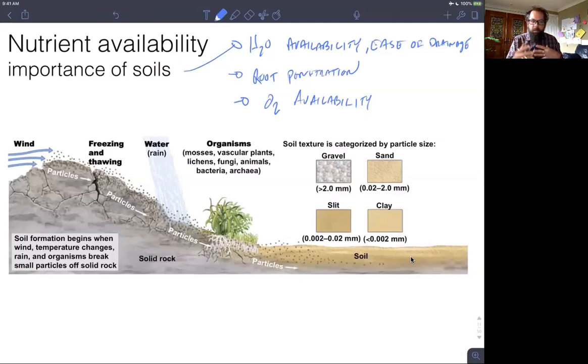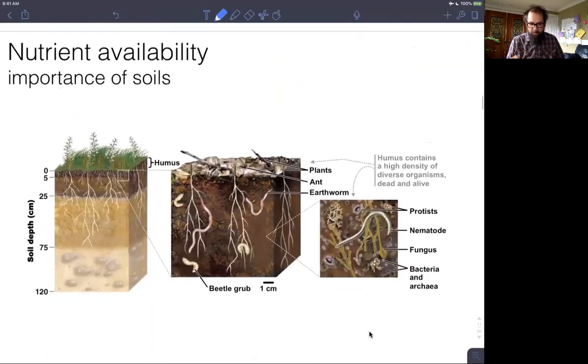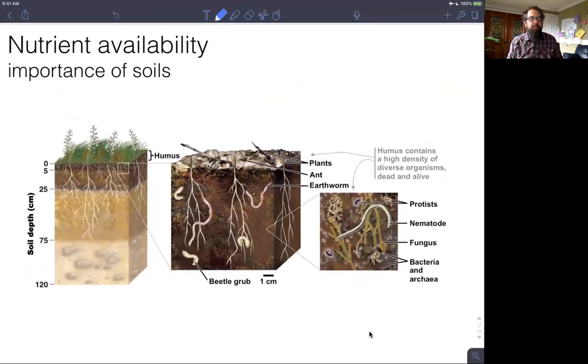And so the overall texture of the soil, which is this process that includes both abiotic and biotic interactions to break down rock to soil particles, is incredibly important. Of course, the other part of soils that is very important is the organisms that are in the soil and the organic material in the soil.